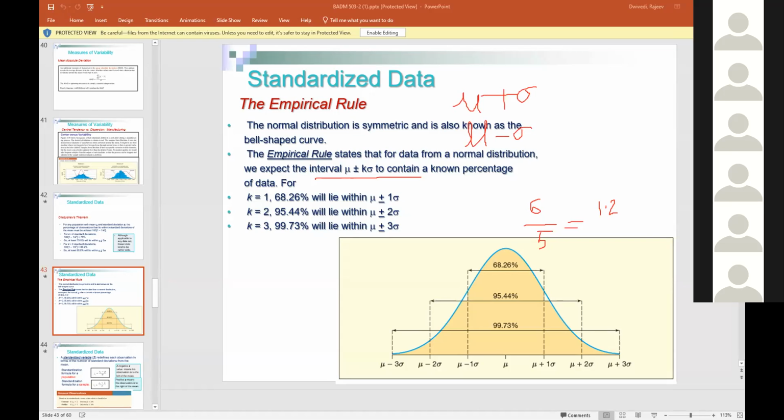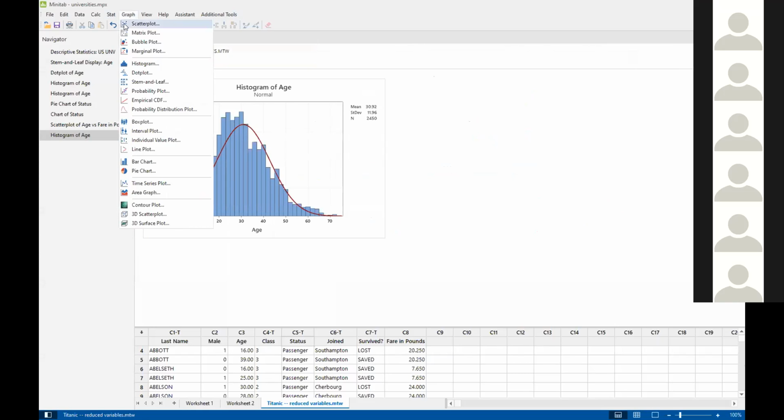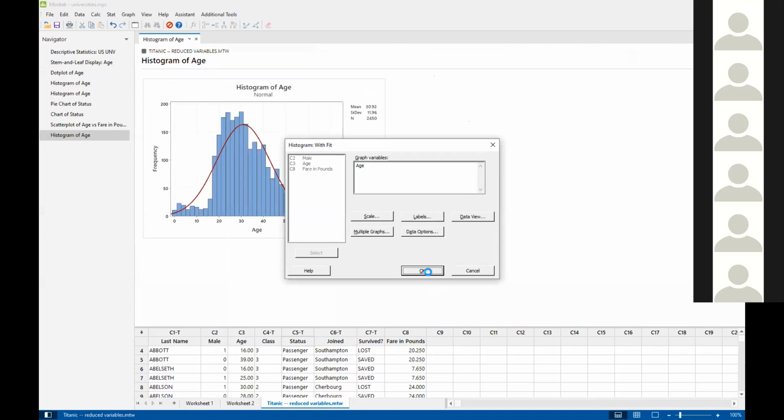Still not seeing Minitab. I don't see the Minitab either. Okay, just a minute. Can you see now? Yes. Okay. So what I did is go under Graph, then Histogram right here. Under this, I use With Fit and I use Age.